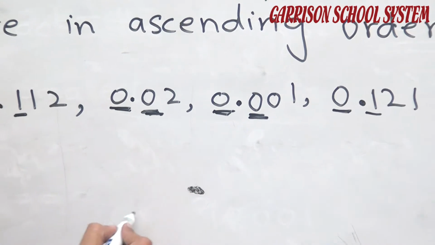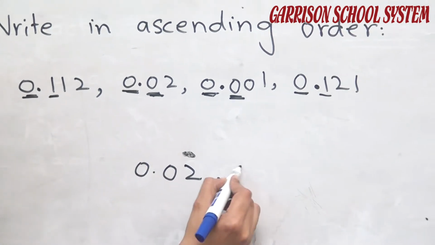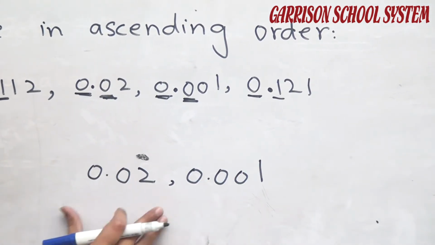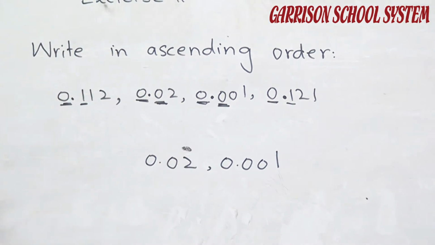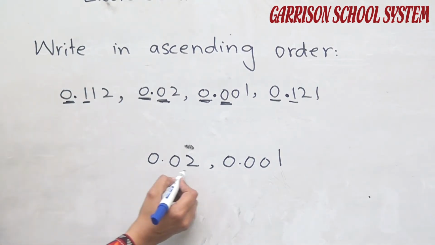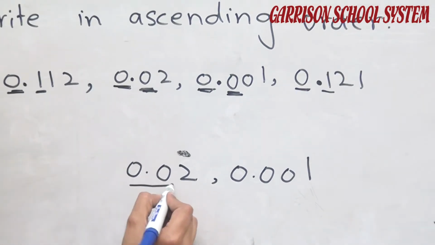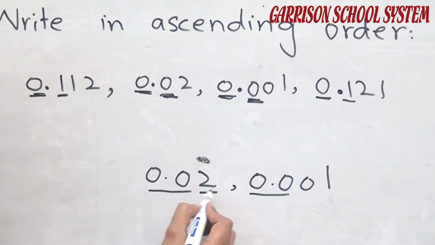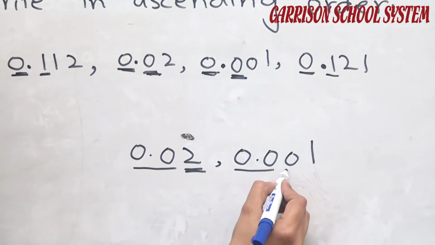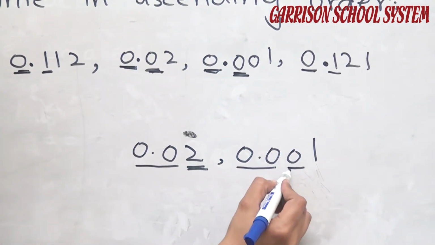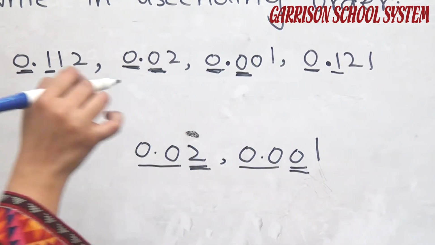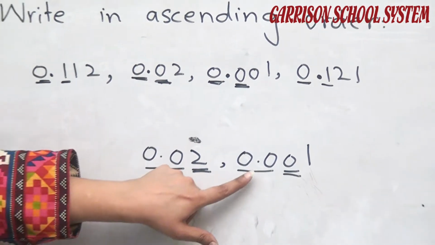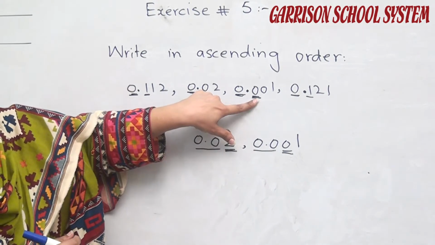If we write these two numbers here, now we will compare which is the smaller of these numbers. We have compared these two digits, and after that we compare the third digit. The third digit here is 2, but in this number the third digit is 0. So finally we find the smallest number.